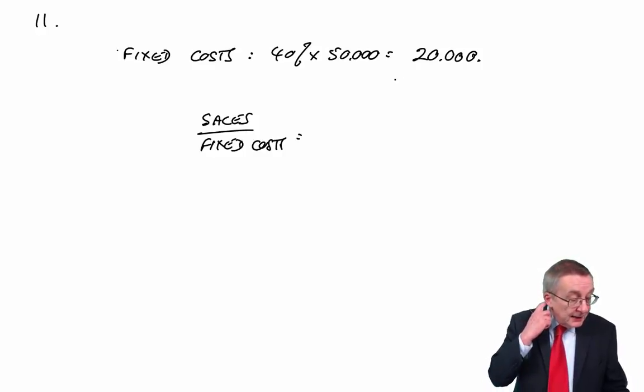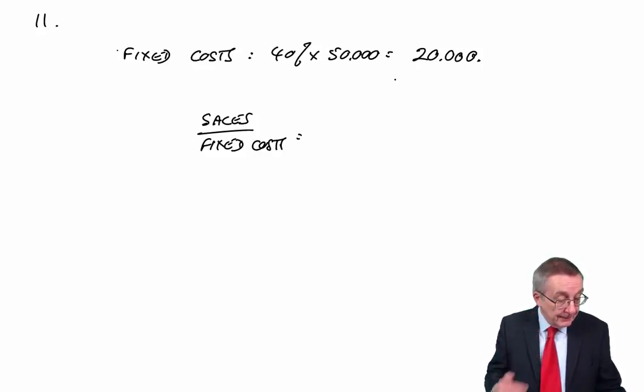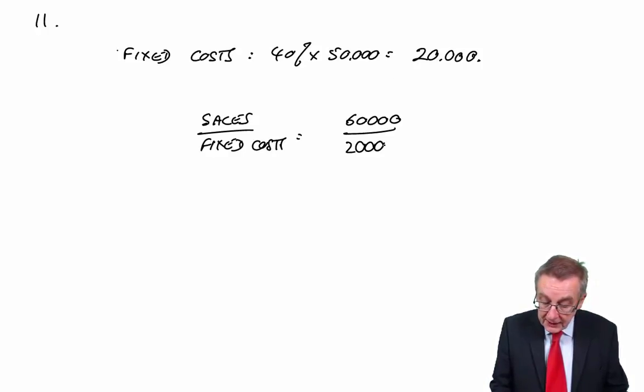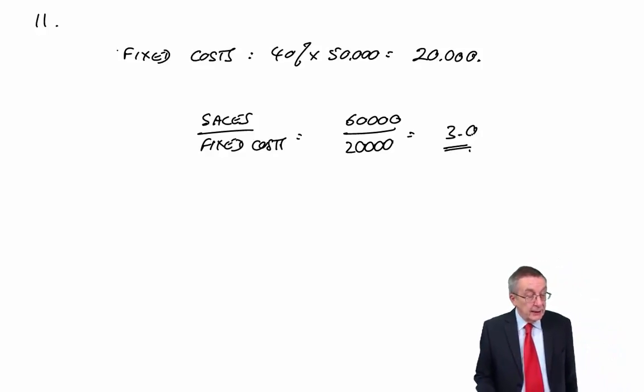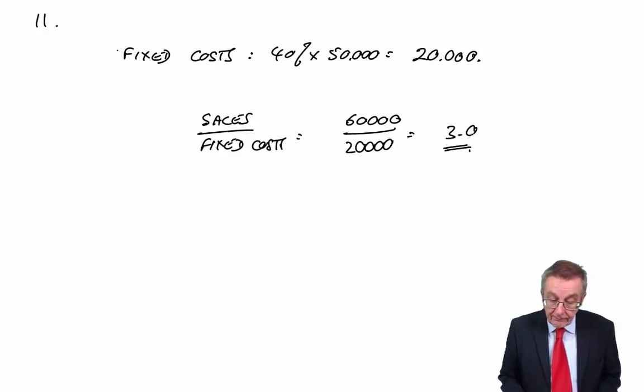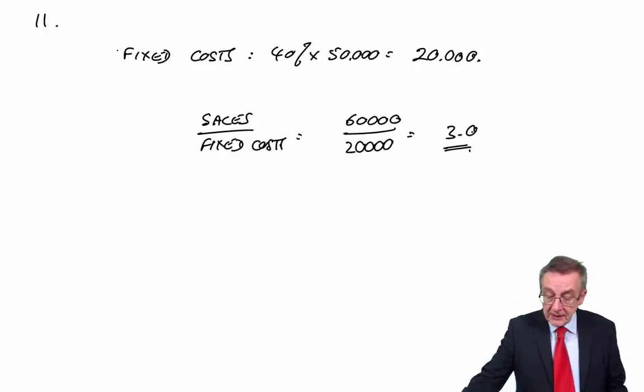The sales here are 60,000. The fixed costs are 20,000, and therefore the operational gearing is 3 times. So I think a little bit unfair, but still.